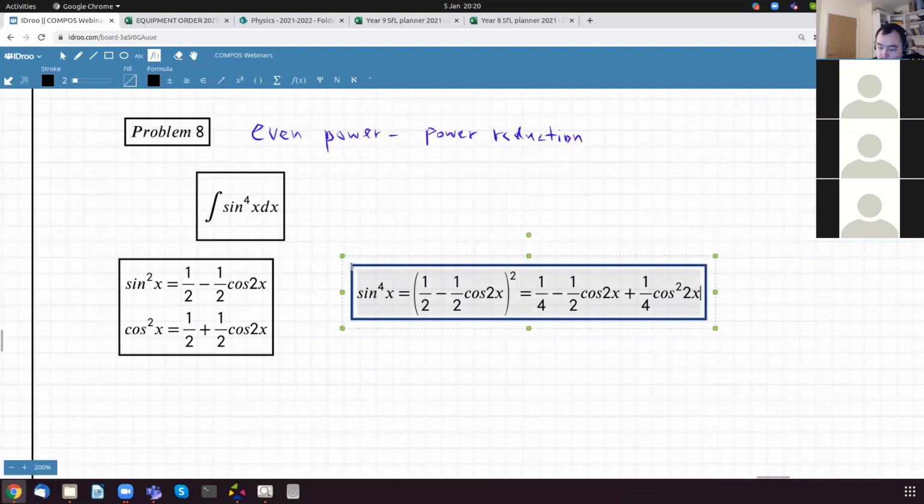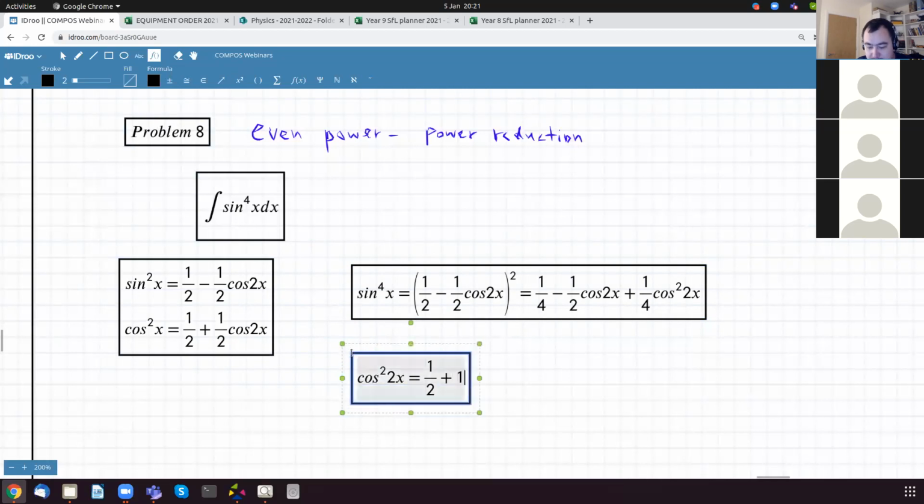Okay, holding that thought, we write down separately what cos squared 2x is. We use the power reduction formula again, so it's going to be a half plus a half cos 4x. So we plug that in.